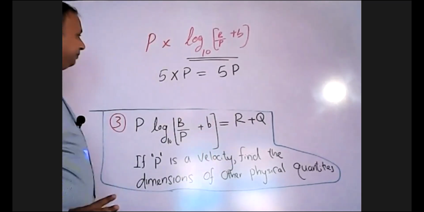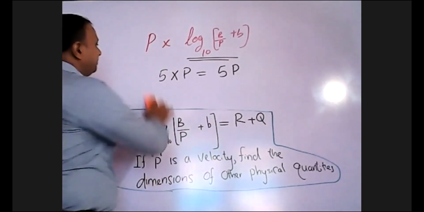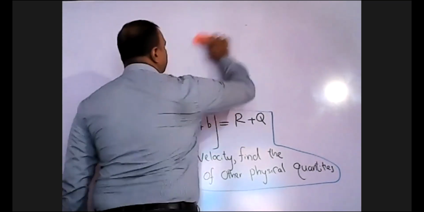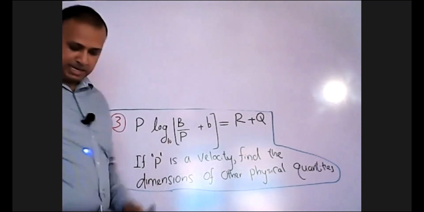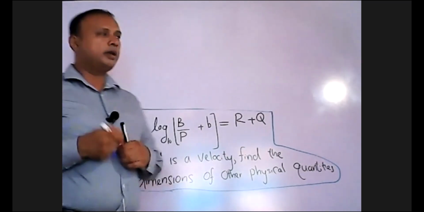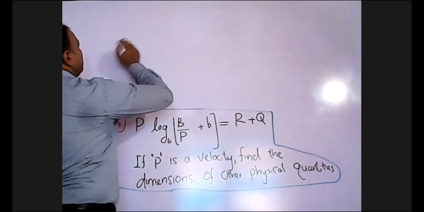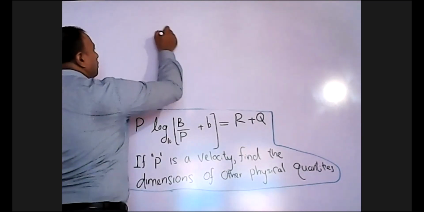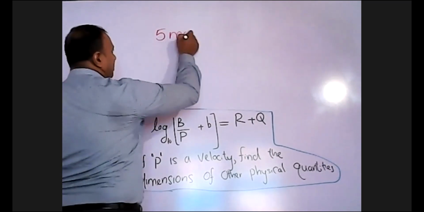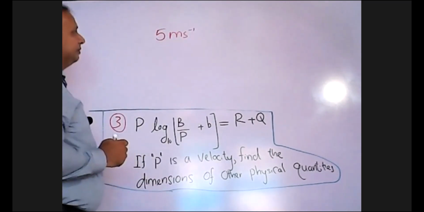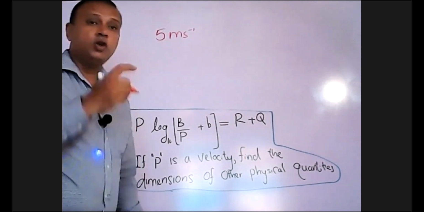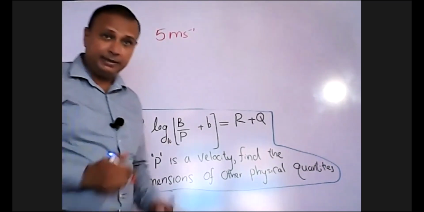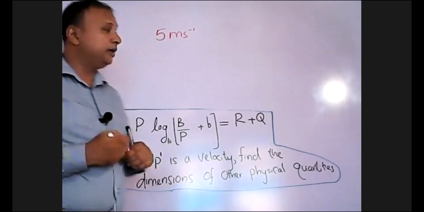Okay. Suppose there is a velocity, 5 ms minus 1. You have to multiply that velocity by 5.